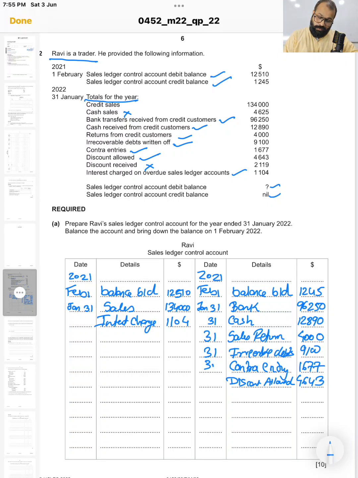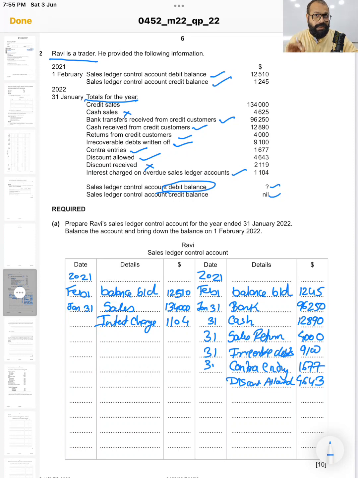Now they have mentioned the closing balance on 31st. Sales ledger control account debit balance we need to find out, and sales ledger control account credit balance is given. What do you mean by this closing balance? Whenever closing balance is given, the wordings are opposite. When they say sales ledger control account debit balance, it means balance on the credit side.